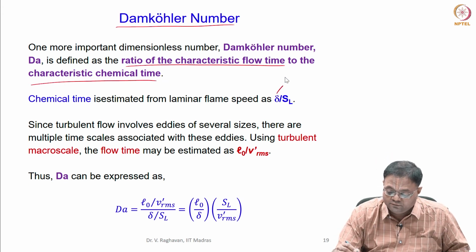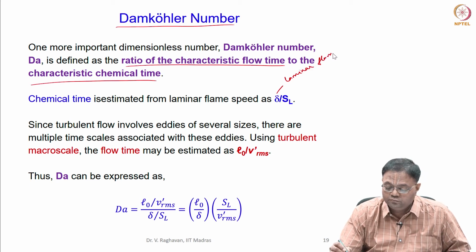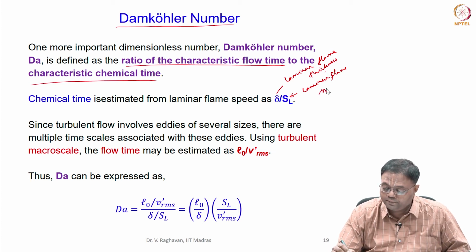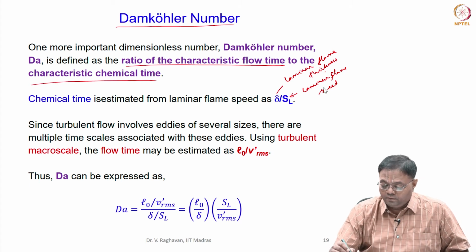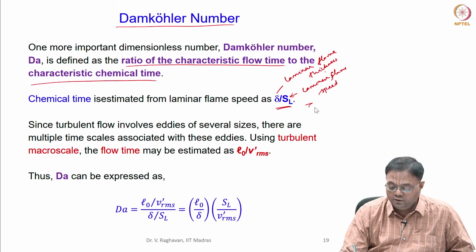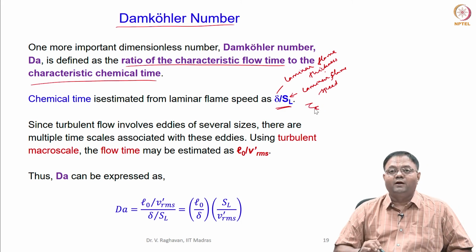The laminar flame thickness divided by the laminar flame speed SL. So this ratio will be tau c, the chemical time.